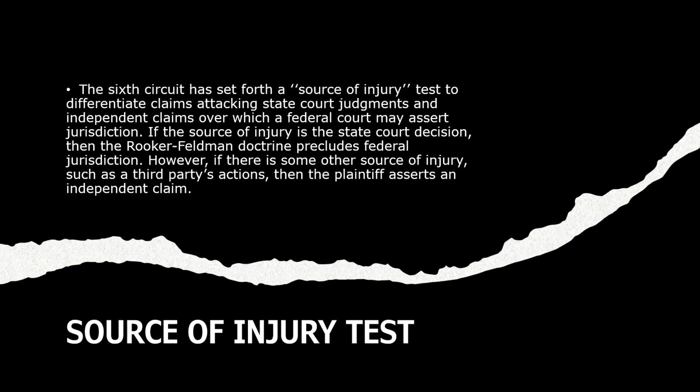Now, the Sixth Circuit has set forth a source of injury test to differentiate claims attacking state court judgments and independent claims over which a federal court may assert jurisdiction. If the source of injury is the state court decision, then the Rooker-Feldman doctrine precludes federal jurisdiction. However, if there is some other source of injury, such as third parties' actions, then the plaintiff asserts an independent claim. This is the source of injury test.